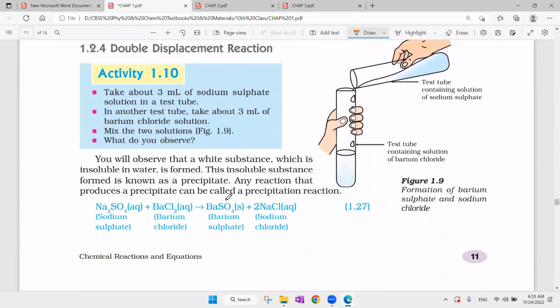Then double displacement. Double displacement is also known as precipitation reaction. You see, in one paragraph, at last they have given that word, but in examination they will be asking such type of questions only. Double displacement reaction is also known as precipitation reaction.